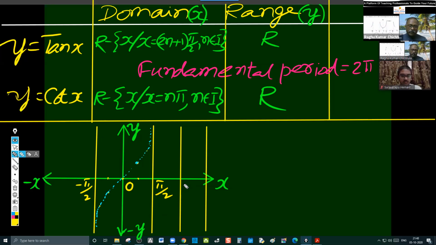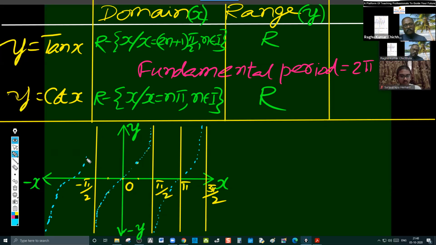Next one is pi, and next one will be 3 pi by 2. So the graph will be very much parallel to this, goes like this. And in this part here you will have one more. I'm not drawing the lines there, you will understand.